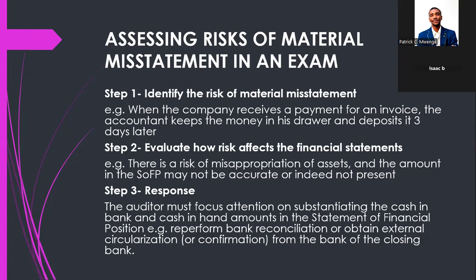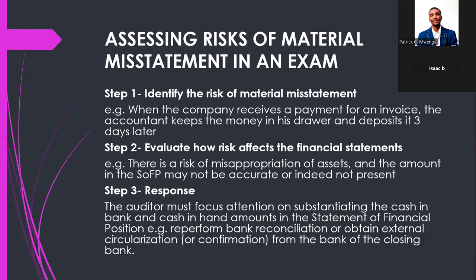So if money is easily stolen, it means if the accountant steals that particular money, we receive an invoice, then the amount is stolen. Since this person is the same person who prepares the financial statements and who deposits the money in the bank, they can do a little bit of creative accounting such that the amount in the statement of financial position may not actually be there in the bank.